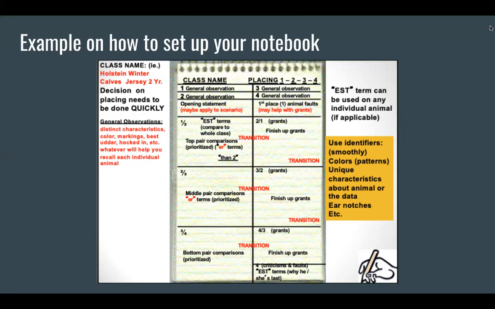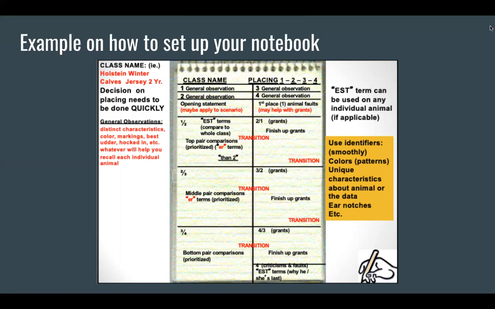So now we're using the placing example of 1, 2, 3, 4. So you start off with 1/2. And since 1 is in your first place, go ahead and use those S terms. So that means tallest, the sharpest. And typically that would be your number 1 cow, is when you're using those kind of terms.